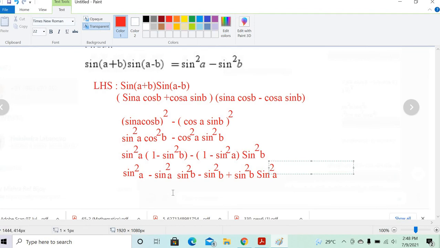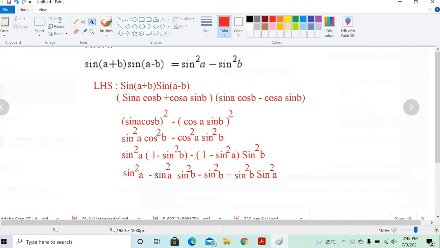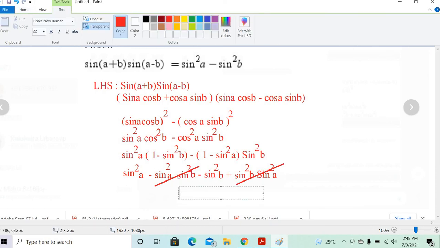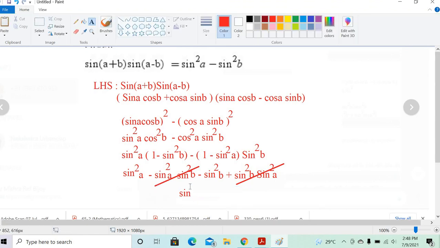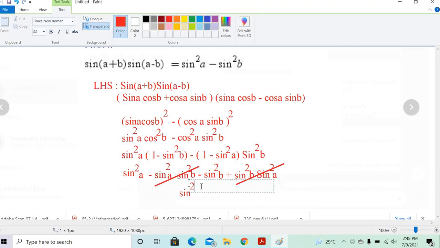If you just see here, the second and the fourth term both are the same, so we can cancel them out. So we are left with sin square a minus sin square b. So this equates to sin square a minus sin square b, correct?